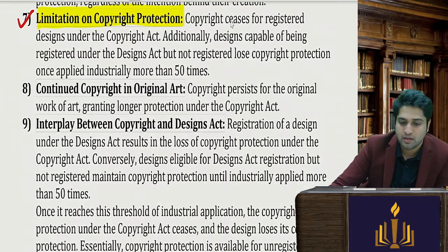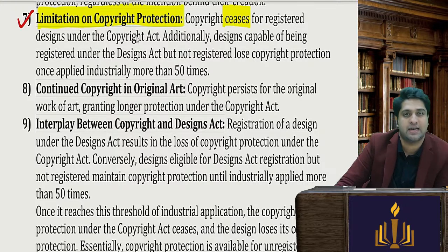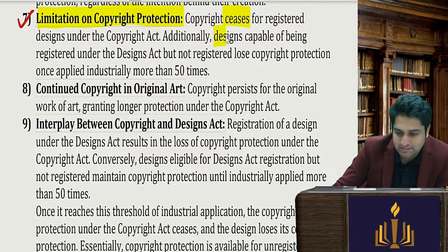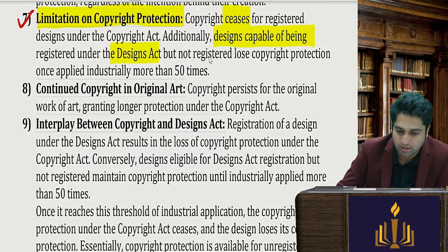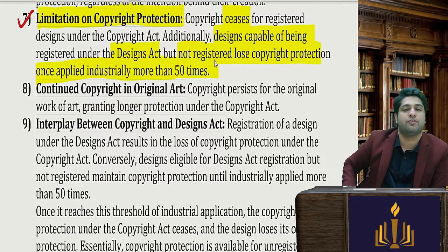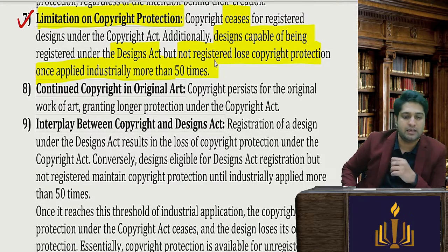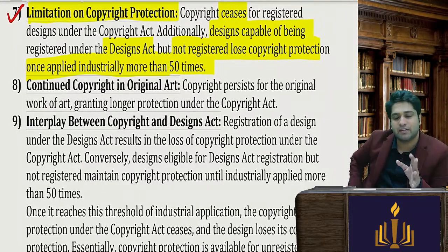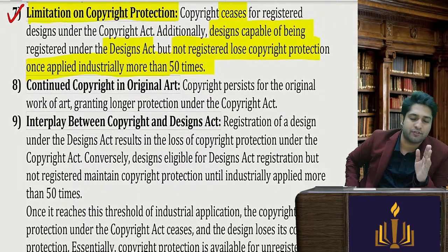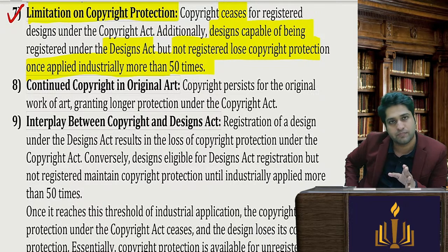Now see this point. Copyright ceases for registered designs under the Copyrights Act. Additionally, designs capable of being registered under the Designs Act but not registered lose copyright protection once applied industrially more than 50 times. See, copyright is a creative field, designs are different, copyrights are different.